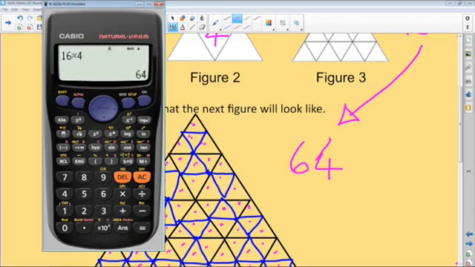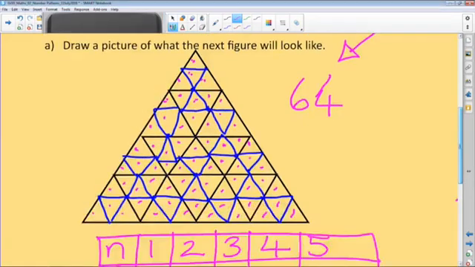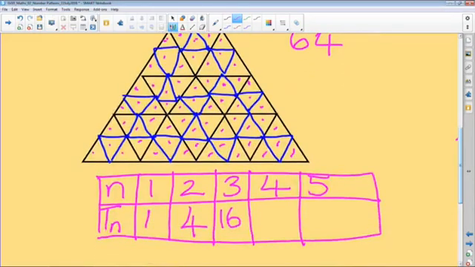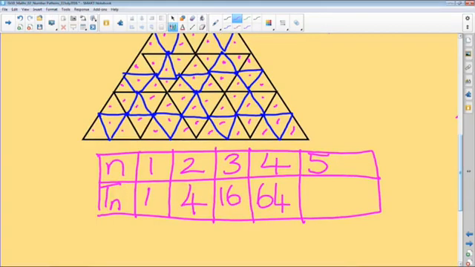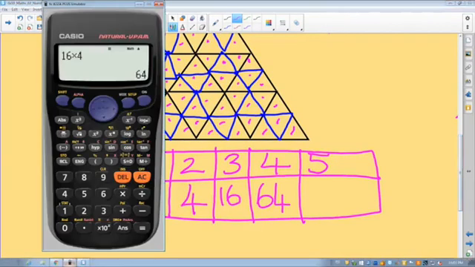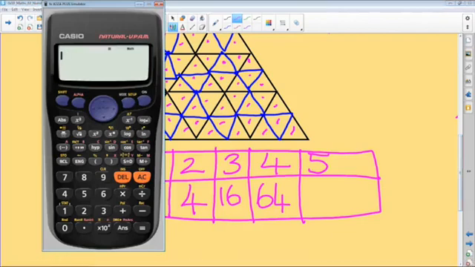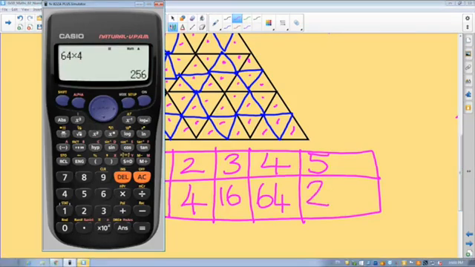And yes, we get an answer of 64 triangles. So can you make a prediction about the 5th one? If you said you're going to multiply 64 by 4, that would be correct. So we're well on our way to finding out what the general term is. It's 256 over there.